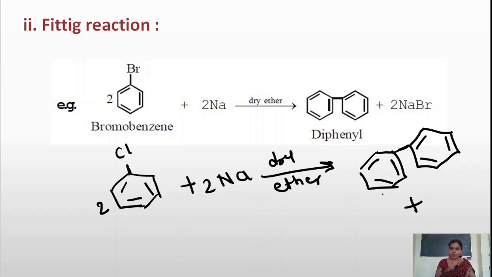And there is formation of 2NaCl, as the two sodium atoms react with chlorine to form sodium chloride in this reaction. So this is about the Fittig reaction.